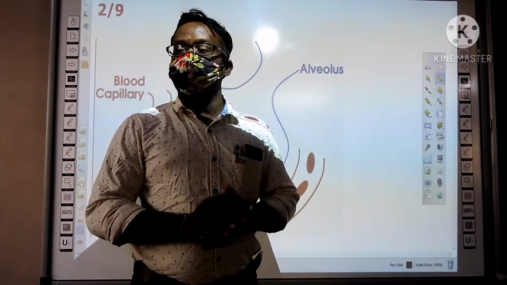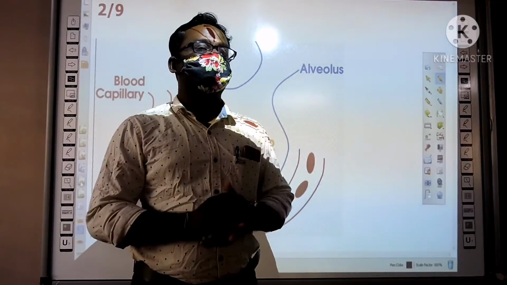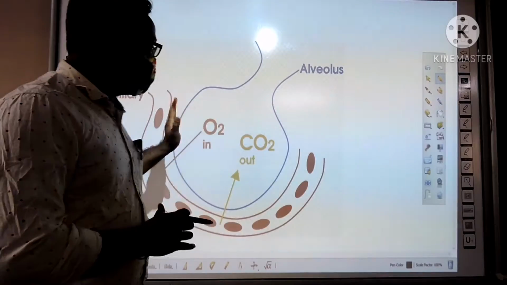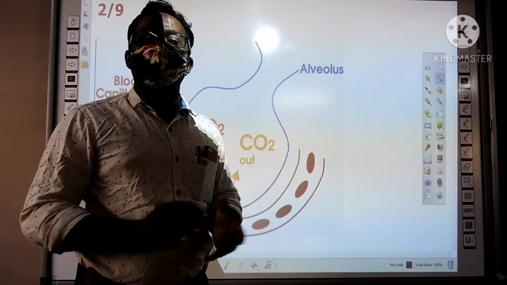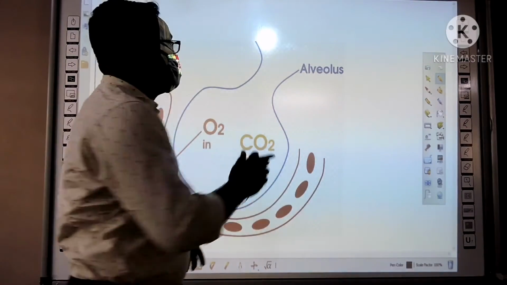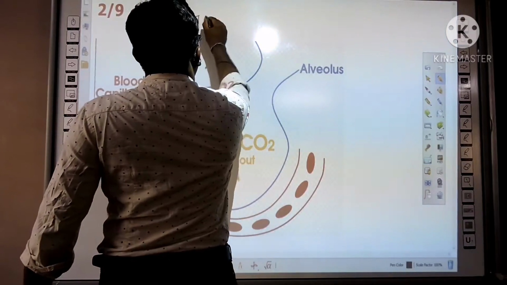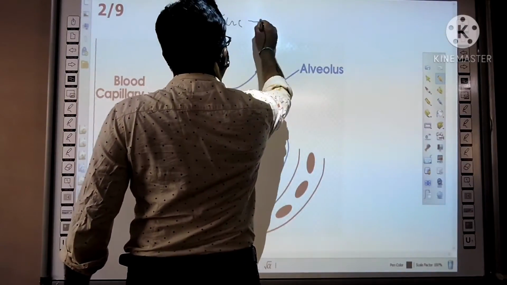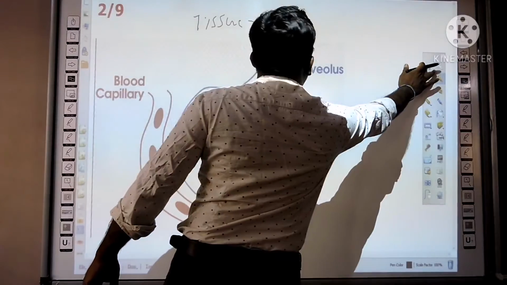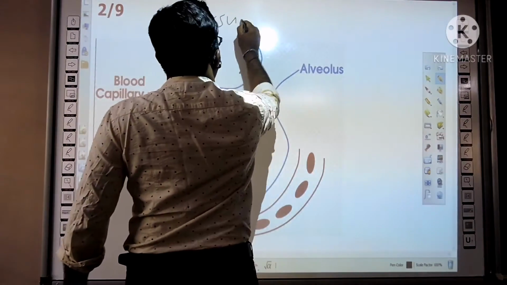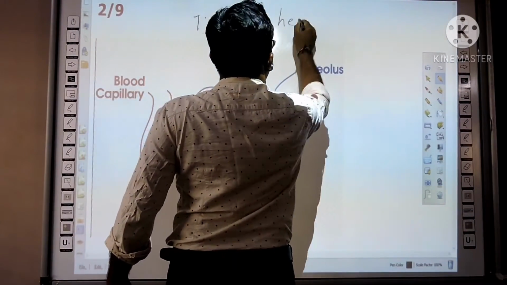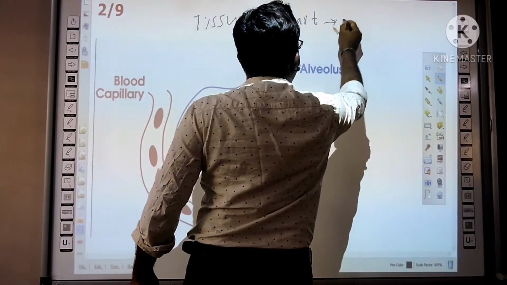From the tissues, the blood collects the carbon dioxide and brings it to the lungs, but not directly, through the heart. So from tissue to heart, from heart to lungs.